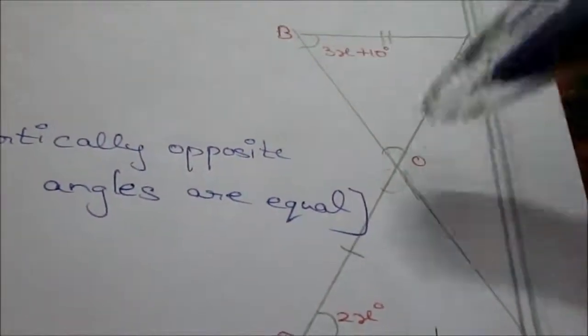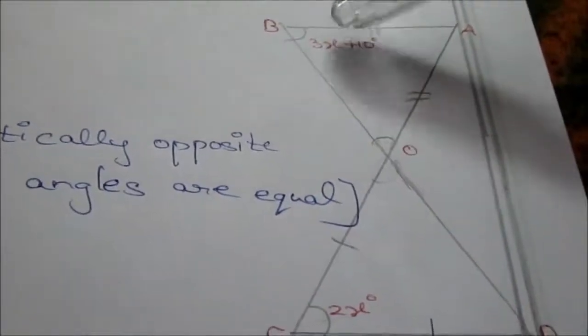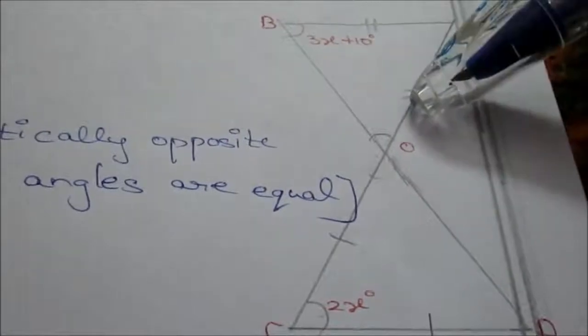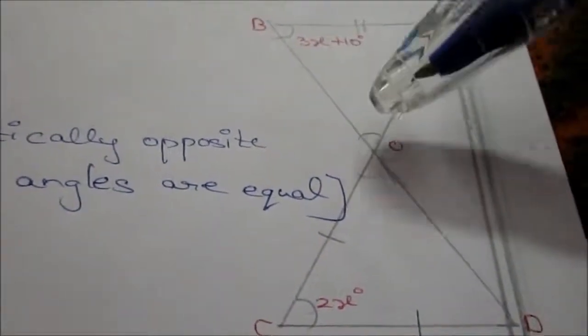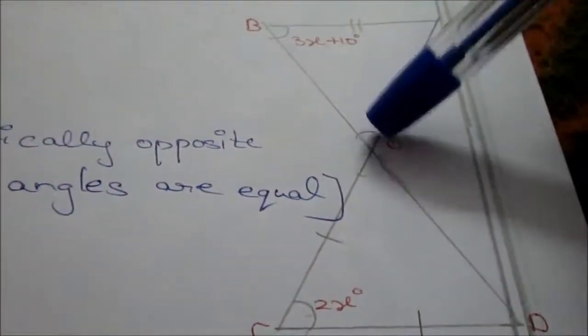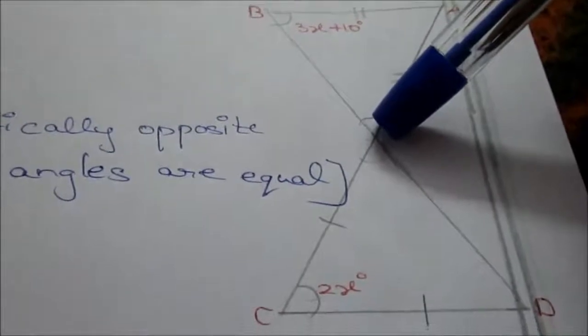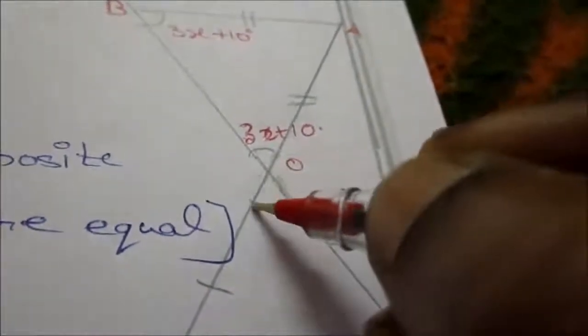AB equals AO. So the opposite angles of these two sides are also equal. That means this angle is also 3x plus 10.